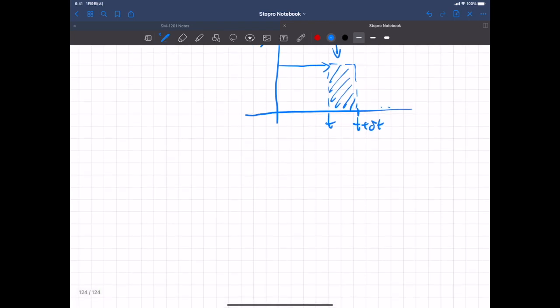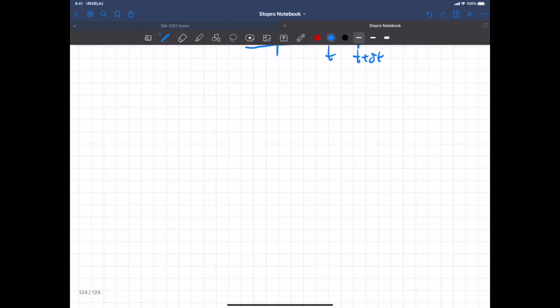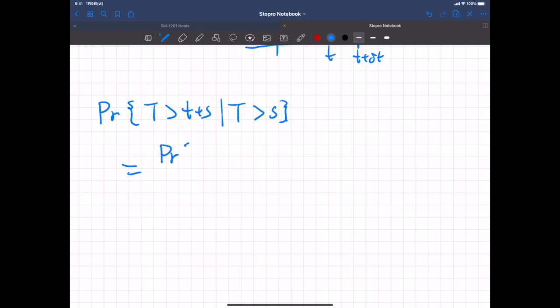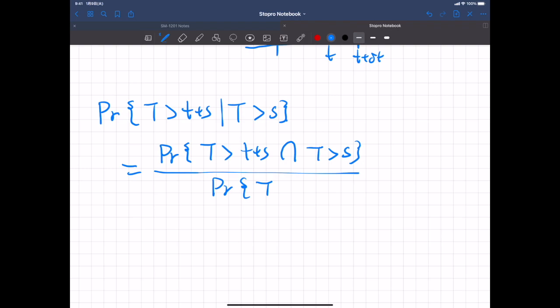And in particular, let's calculate this probability. So the probability that the time to failure is greater than t plus s, given that the time to failure was already greater than s. Okay, so this is by the definition of the conditional probability. That's T greater than t plus s and T greater than s, divided by the probability that T is greater than s.